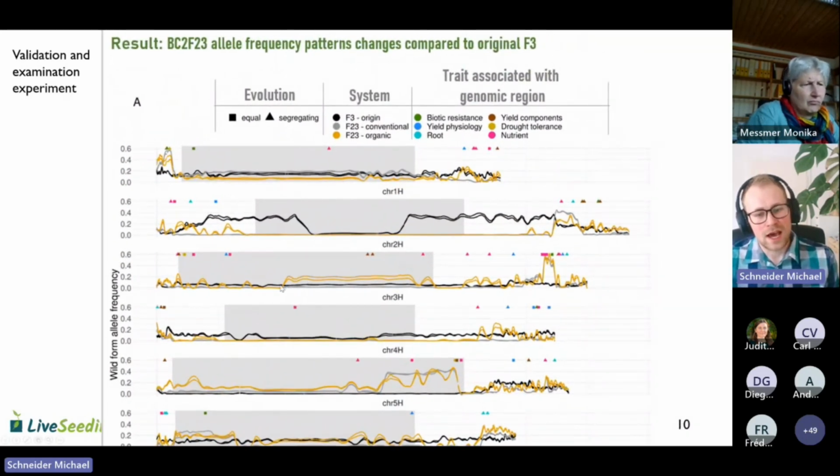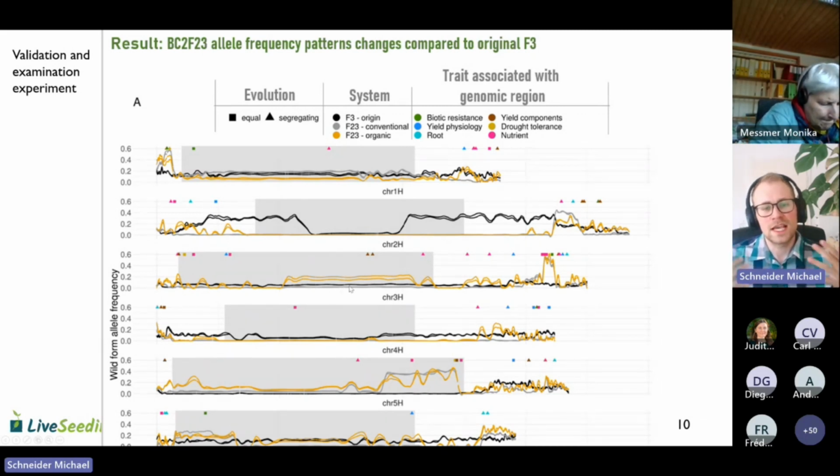For instance, identify variations coming from a starting population on the third chromosome, with a wild form allele frequency, and then see how that changed after these 20 generations, where we see that the organic system has increased in its allele frequency quite drastically, while we have a depletion of this wild allele frequency under conventional systems.